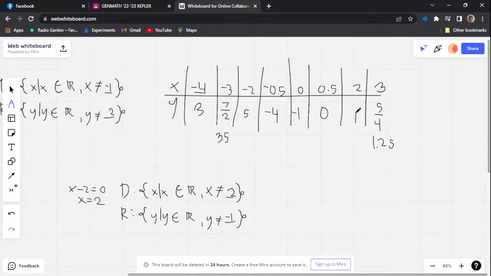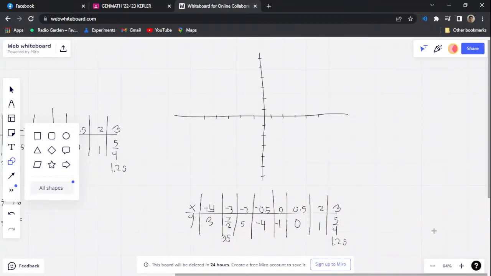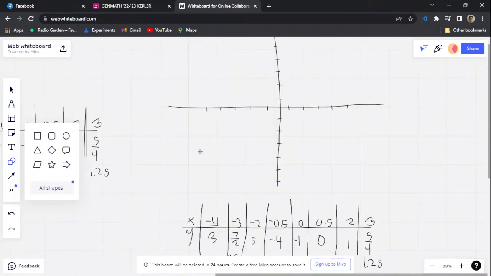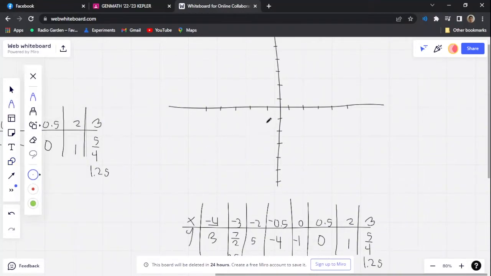So, for graphing, we look at our table of values. First is negative 4. So we count negative 4: 1, negative 1, negative 2, negative 3, negative 4. And then we count up 3 times: 1, 2, 3. So the point is negative 4, 3. It is here.